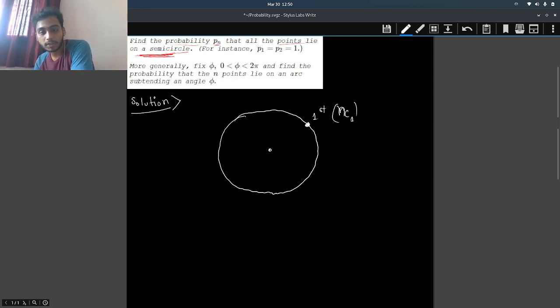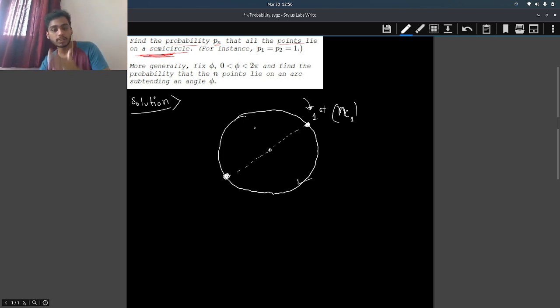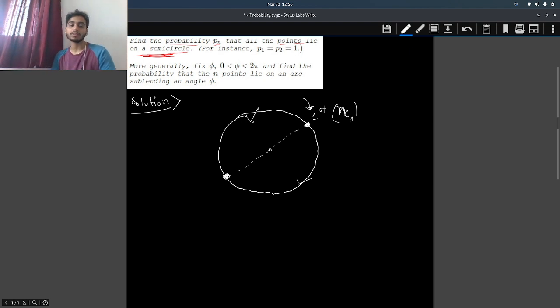Now this first point is the game changer, because once we set the first point, we now know the diametrically opposite point, and now we know that this should be the range or this should be the range, right? Either all the values should be in this semicircle, or all the values should be in this semicircle.